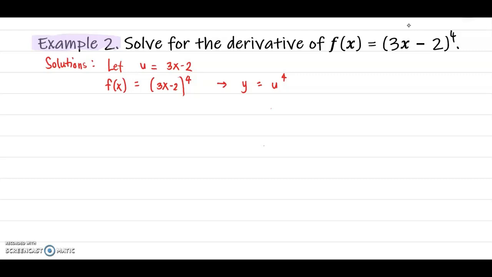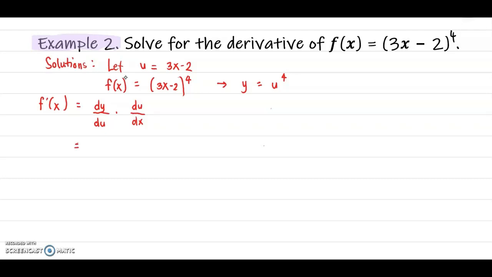Now you may start finding the derivative. We have f'(x) equal to the derivative of y with respect to u times the derivative of u with respect to x.